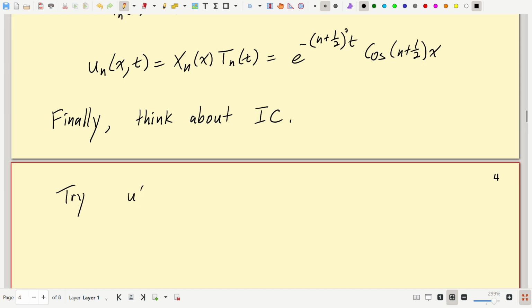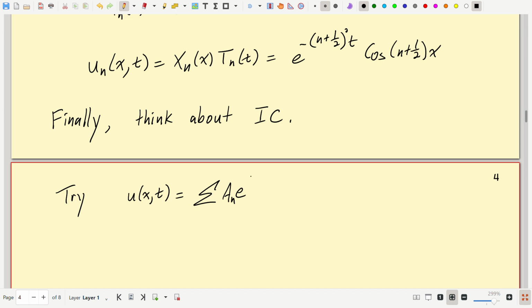Try u of x, t as a linear combination, a sum of these things, with coefficients in front.